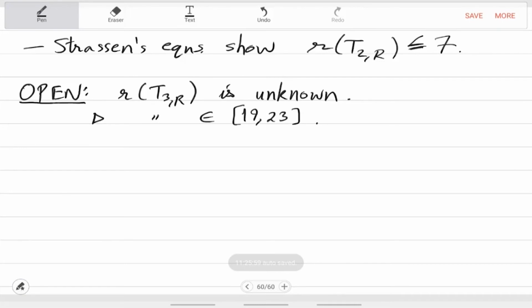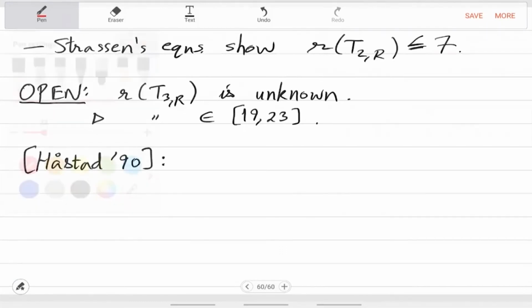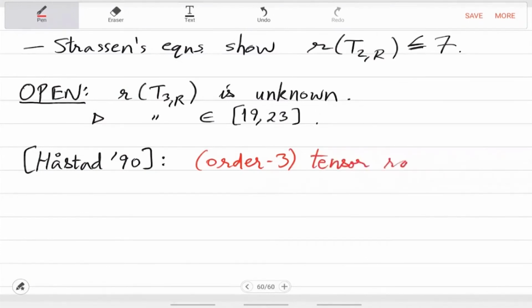So that is in practice. Theoretically, there is a good explanation for this. So Hastad showed that tensor rank computation, even for order 3 tensor, is NP hard.